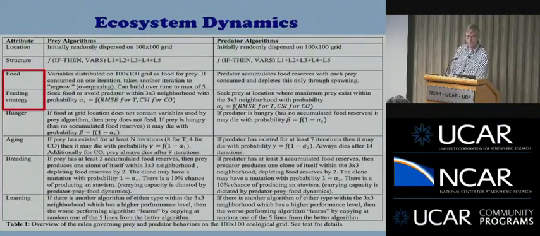What I'm doing here is I have the location of these algorithms on some hypothetical ecosystem grid, which is 100 by 100. Again, just an arbitrary choice, but it seems to give a lot of room for them to evolve in diverse populations. So if you imagine you're doing this on gridded meteorological data, you can still do this, but what I do is I apply a separate 100 by 100 grid for every single grid point.